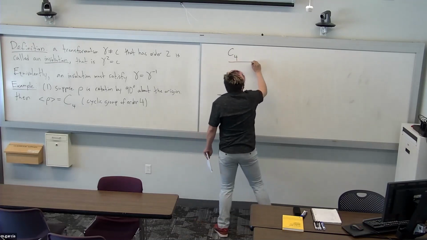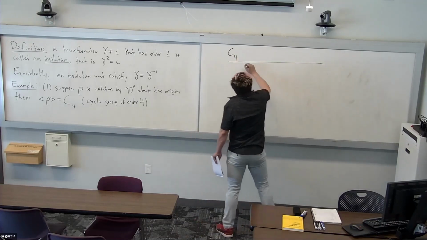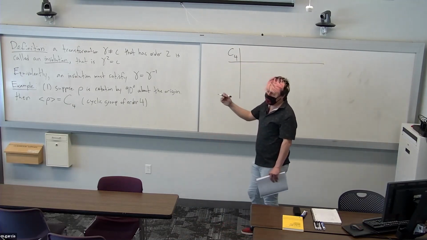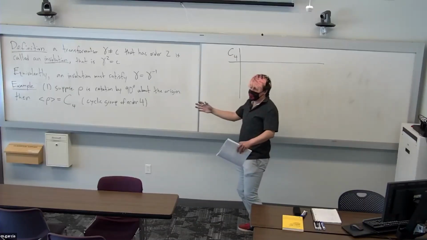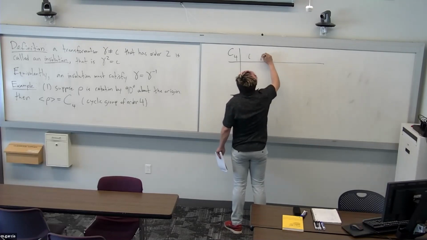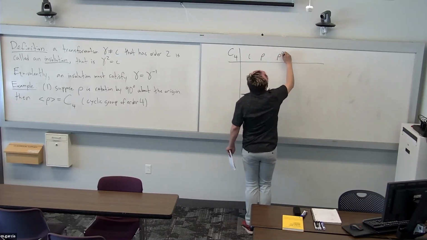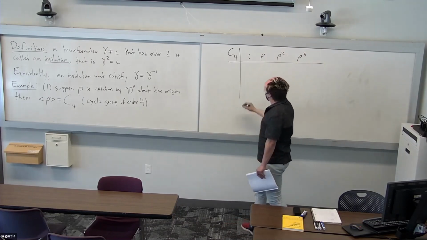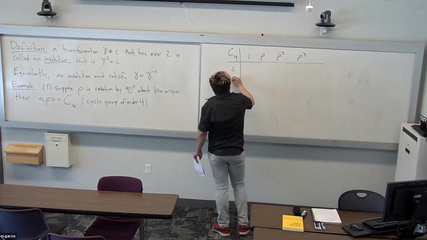I want to know what every element of this group times every other element results in. There are only 4 elements: iota, rho, rho squared, and rho cubed. I'll list them again in this column.